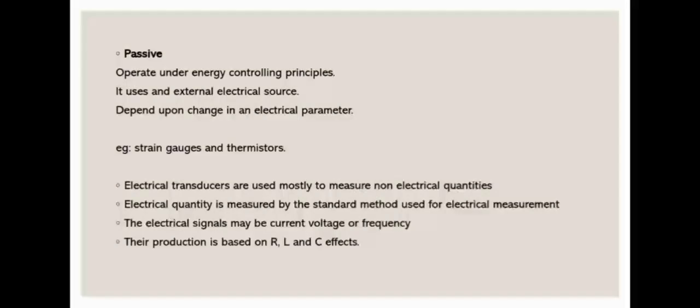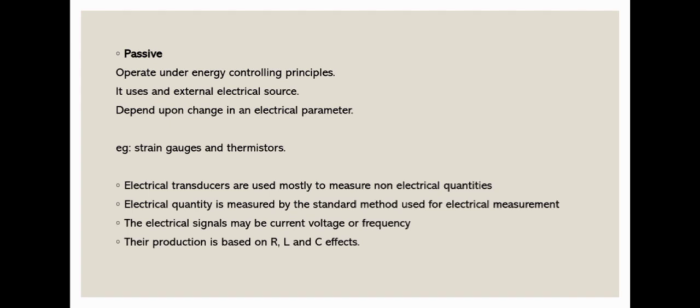Electrical transducers are used mostly to measure non-electrical quantities. For this purpose, a detector or sensing element is used, which in turn converts the physical quantity into a displacement. This displacement actuates an electrical transducer, which acts as a secondary transducer and gives an output that is electrical in nature.